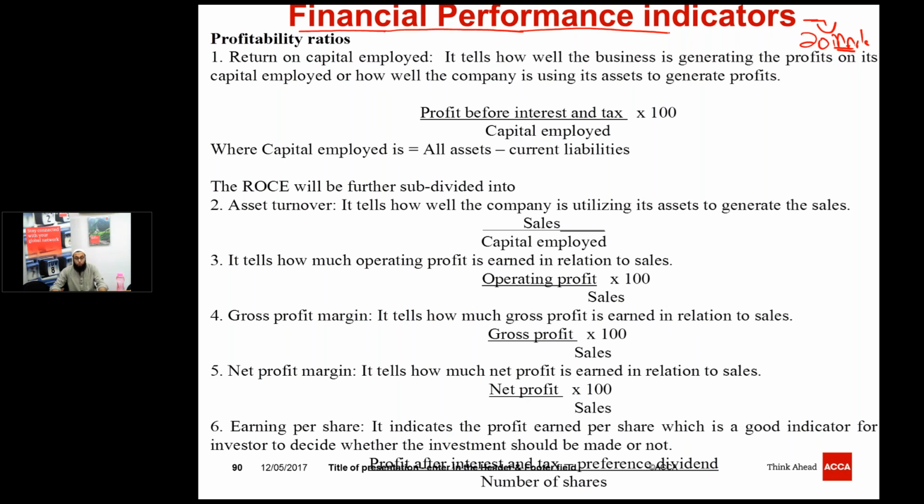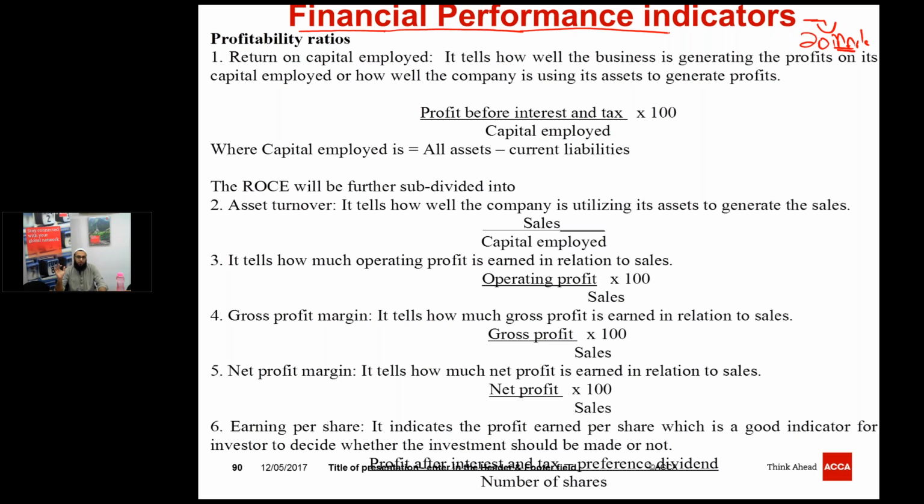I won't spend too much time explaining the purpose of these ratios, because this is all covered in your F2 paper and you have that knowledge in your mind. I won't be discussing the formulas. I've still provided you the formulas, but I'm just going to tell you quickly the purpose of a relevant ratio, why it is calculated and what it indicates.